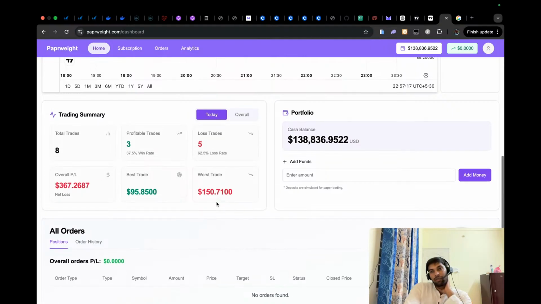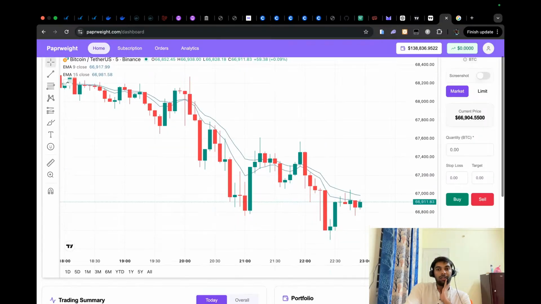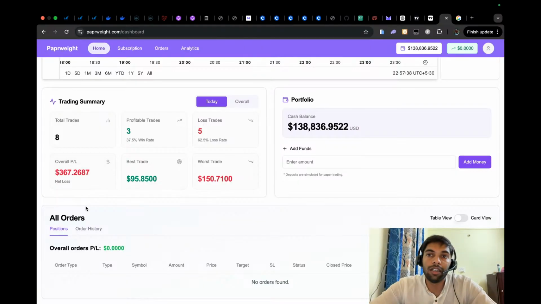So let's square off the session for today right here, right now, because if I do any more trading it will come under overtrading. I already took 8 trades and out of them 5 are in loss and 3 are in profit. So this is not a good number for today, but it's fine.